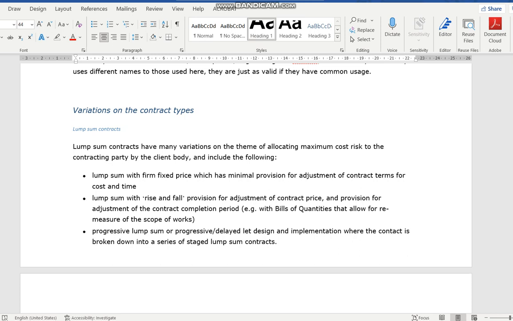Okay, and then if we talk about lump sum with some form of changes or adjustments, that would mainly be more of a BQ kind of contract. Some people think of a BQ contract as a reimbursable contract, but there are theories that put it into lump sum as well, because you are still fixing the final price.